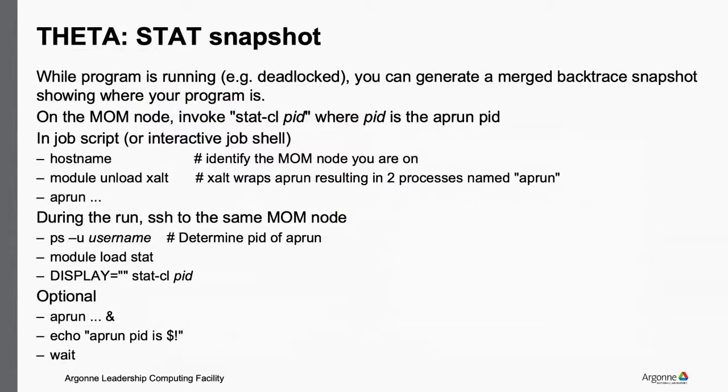That's a good idea in general for all your jobs, to just print that out because it's useful info when things go wrong. So you find out in your job script, you put a hostname. We only have a couple of mom nodes, so I think there are only 2 or 3 that are actually in use, so you'll see one of those.